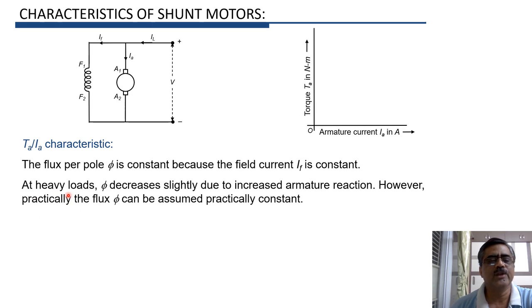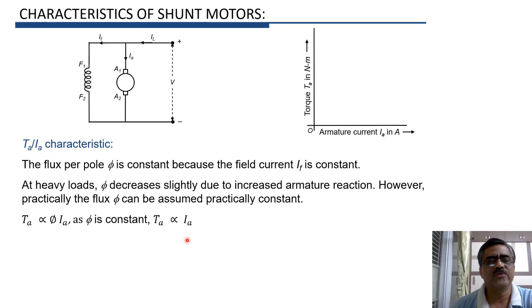So in case of DC shunt motors, flux phi is practically constant. Actually, at heavy loads, because of armature reaction, phi decreases slightly. However, practically we can assume that flux phi is almost constant. And if phi is constant, you know the relation for torque, TA is proportional to phi into Ia. But in this case, phi is constant, so TA is proportional to Ia.